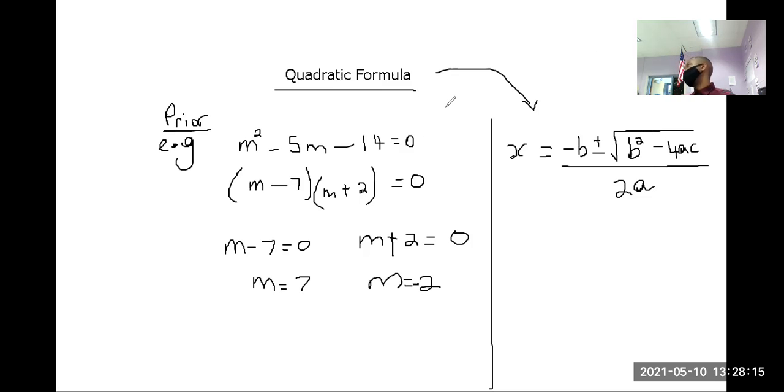And from the packet we were working on, there was a general form for the quadratic equations. That is ax squared plus bx plus c equals 0.